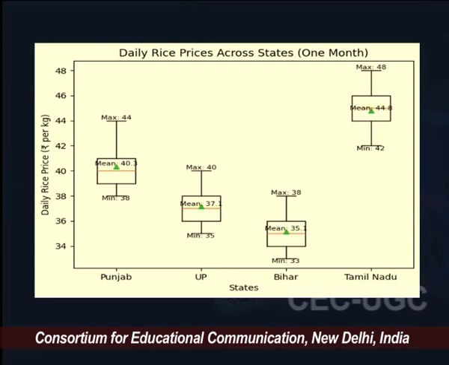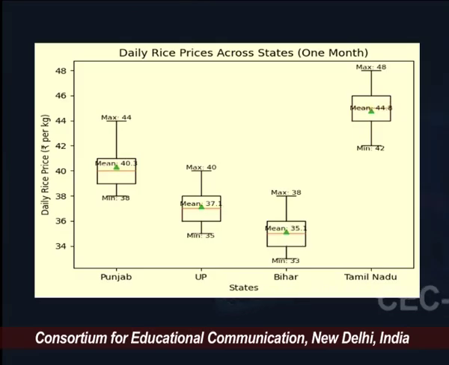Similarly, you can compare median values for rice across UP, Bihar and Tamil Nadu. And it's easy to see Tamil Nadu has the median which is the highest across all different states. And also you can see the minimum price of rice for Tamil Nadu is the maximum for Punjab.